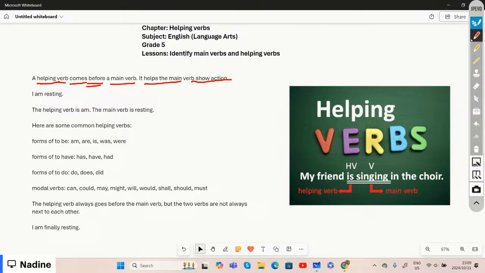And that is why the chapter is helping verbs. And if we look at a few examples, the first one says, I am resting. So, I am resting.